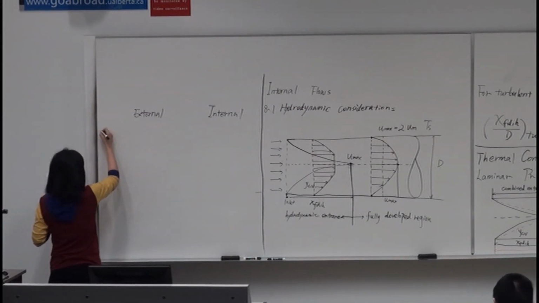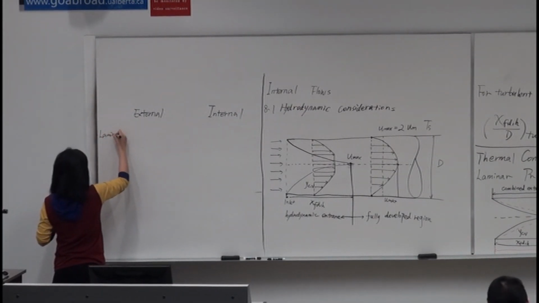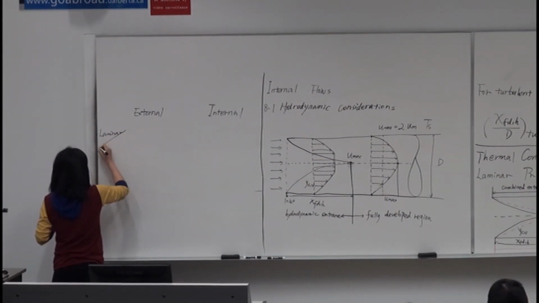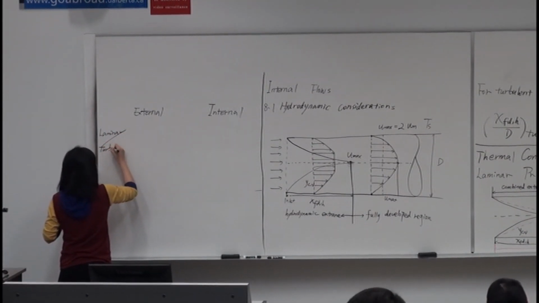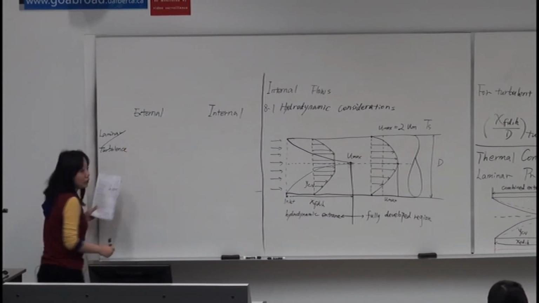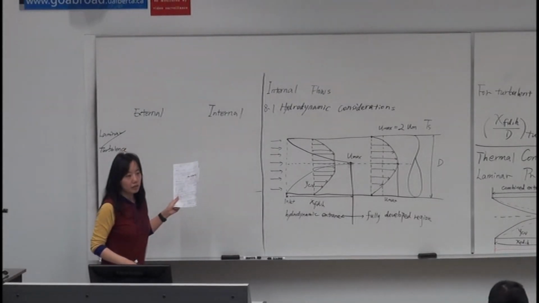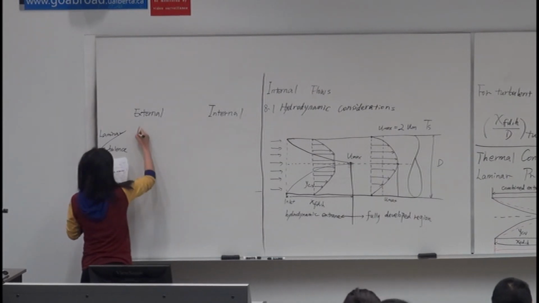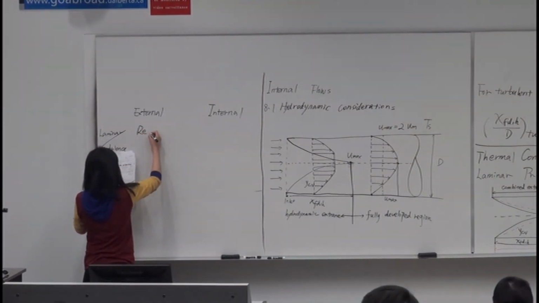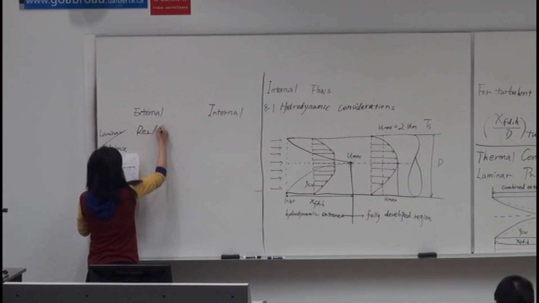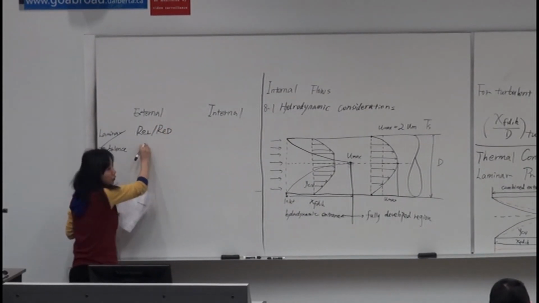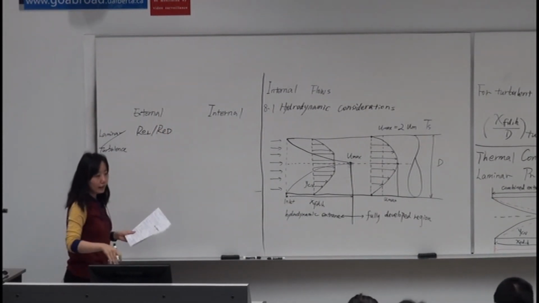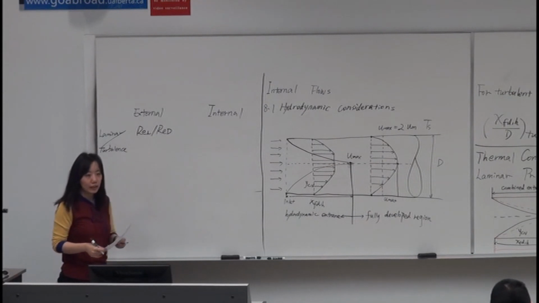To determine whether it is laminar or turbulent, what should we do for external flow? Calculate the Reynolds number. For a flat plate, you use the plate length as the characteristic length.